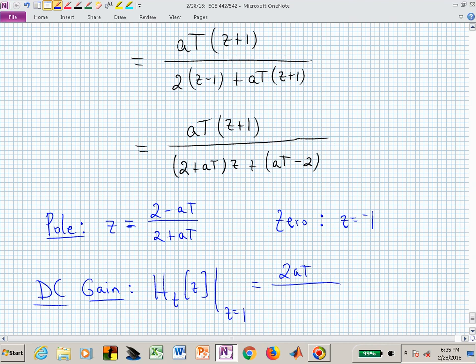Downstairs we have 2 plus AT plus AT minus 2. So we have 2AT divided by 2AT giving us 1, which is good. We have a DC gain of 1.